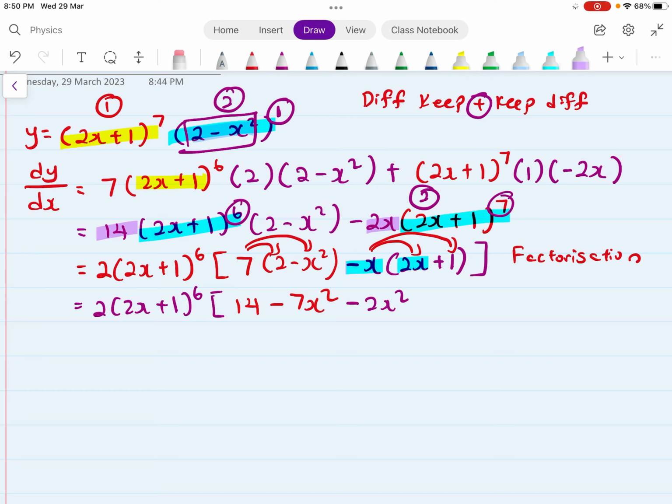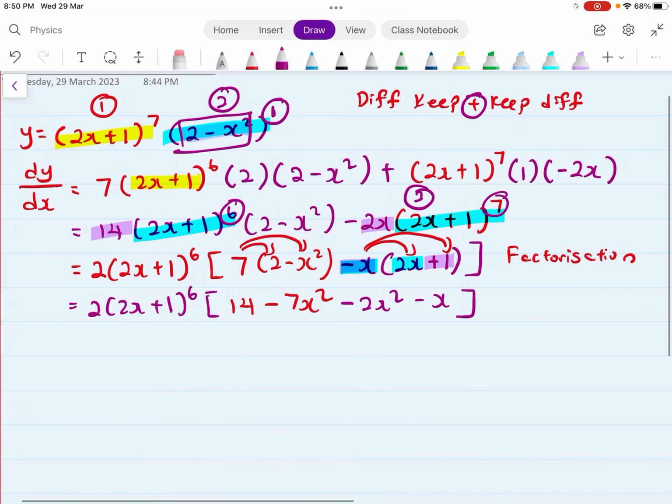Then minus x times positive 1 is minus x. Then put a square bracket. After that, you simplify whatever is inside the square bracket. These two terms give negative 9x^2, then of course minus x plus 14.